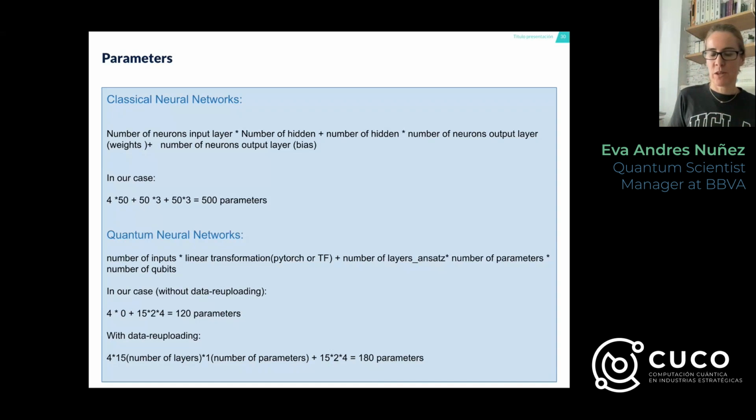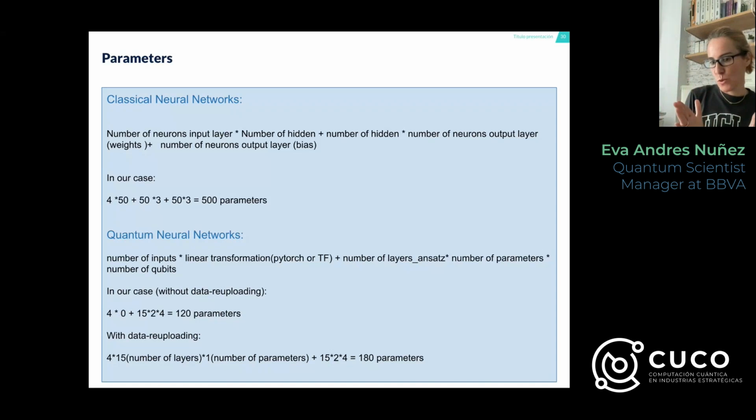This is the simplest model. The other, more complex model uses data reloading and rescaling, in which we add other learning parameters in the encoding layer, with the objective that the model learns in each epoch how to better express the entry data.